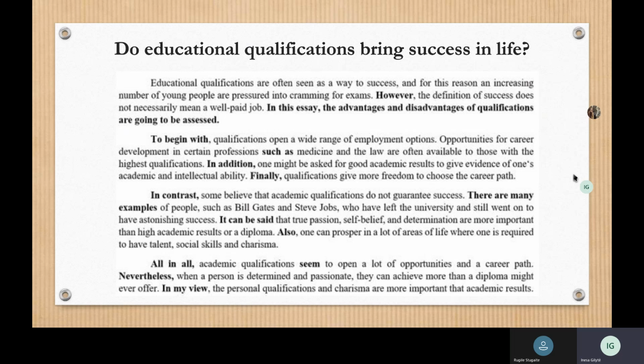So it can be said that true passion, self-belief, determination are more important. Also, one can prosper in a lot of areas of life when one is required to have talent, and so on. So the structure overall is really simple in the main part.